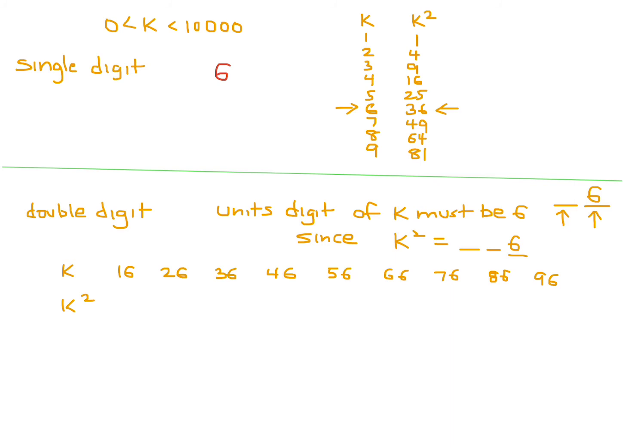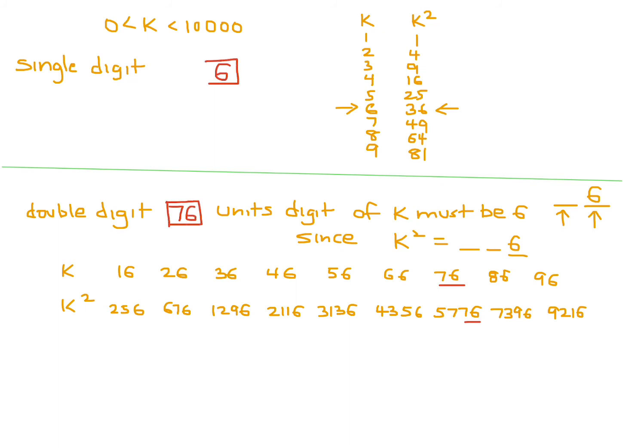We write them all out, and let's see which one holds true in terms of the conditions of an Anderson number. When I look through this list, the only one, interestingly, is 76 and 5776. That's the only one. So for the double-digit numbers, I've got only one number that works.